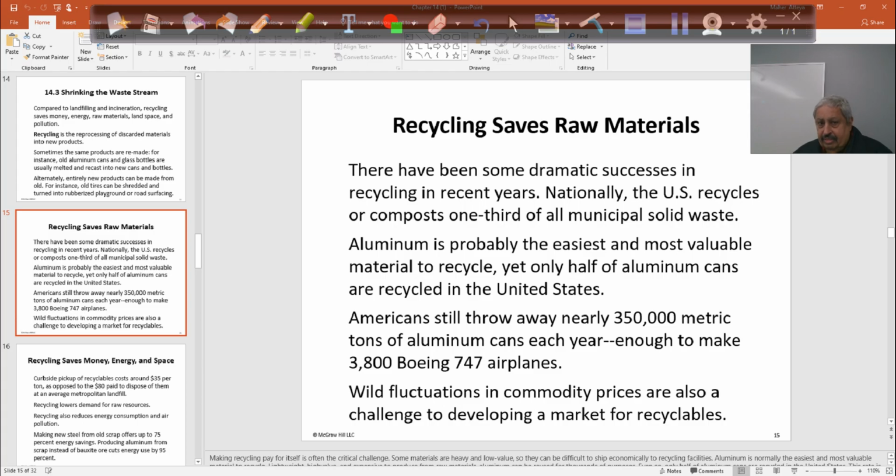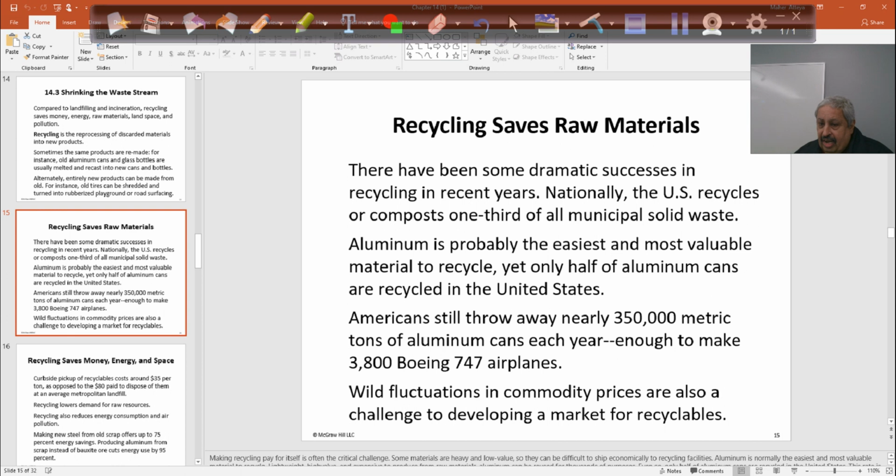Recycling saves raw materials. There have been some dramatic successes in recycling in recent years. Nationally, the U.S. recycles or composts 1/3 of all municipal solid waste. Aluminum is probably the easiest and the most valuable material to recycle, yet only half of aluminum cans are recycled in the United States. The other half is dumped because they are crushed with the other waste inside the landfill.